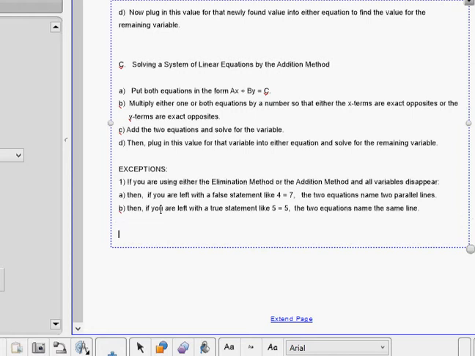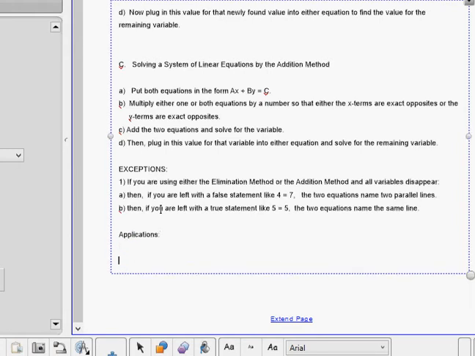Now, certain applications of linear systems. We have what's called the revenue function, which is equal to price per unit times x, which is number of items sold.